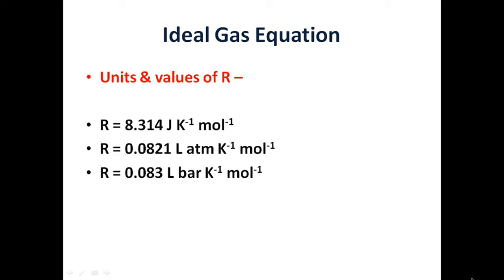The value of R may be 8.314 joule Kelvin inverse mole inverse. The value of R may be 0.0821 liter atmosphere per Kelvin per mole, or the value of R is 0.083 liter bar Kelvin inverse mole inverse. You can use any one of the values, depending on the numerical.